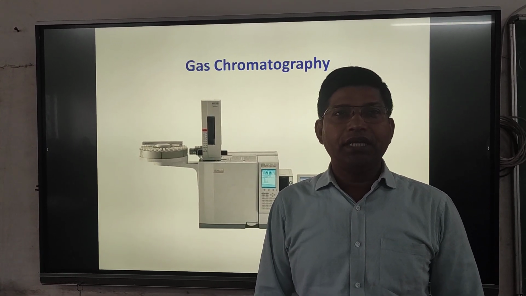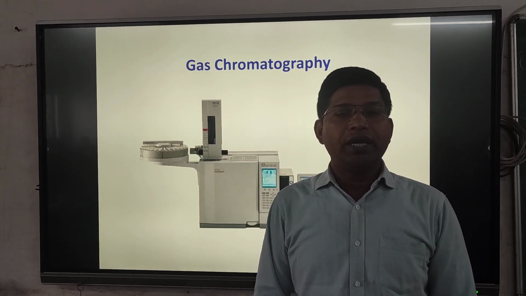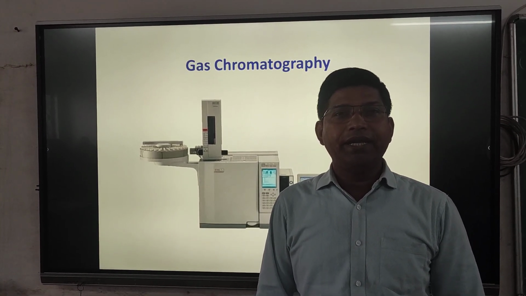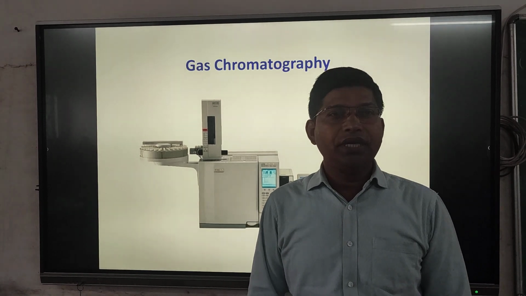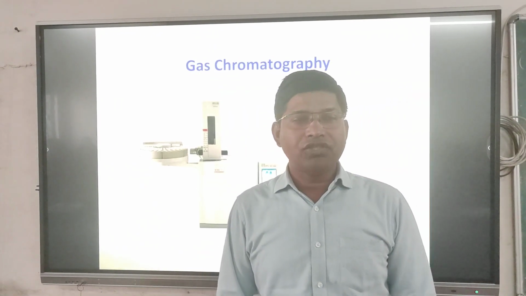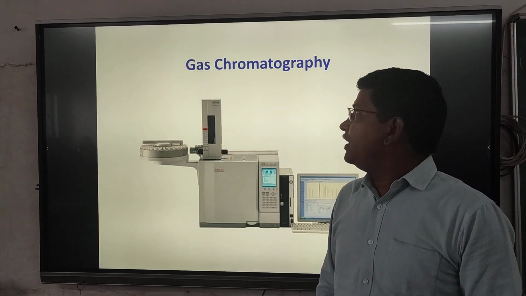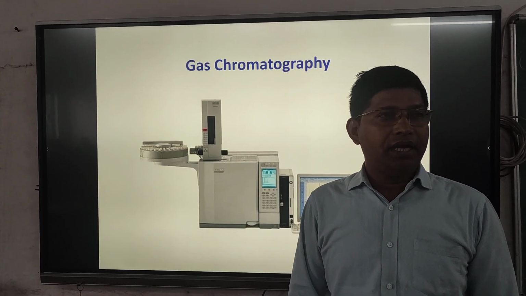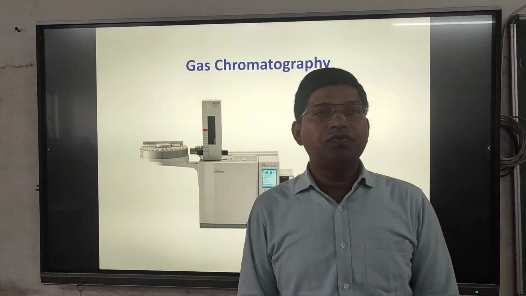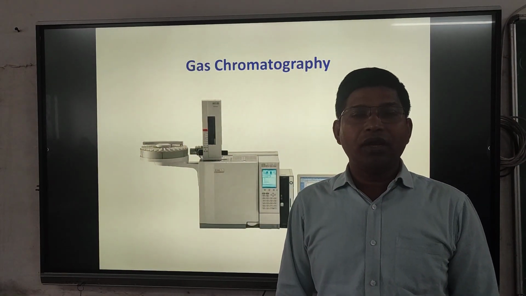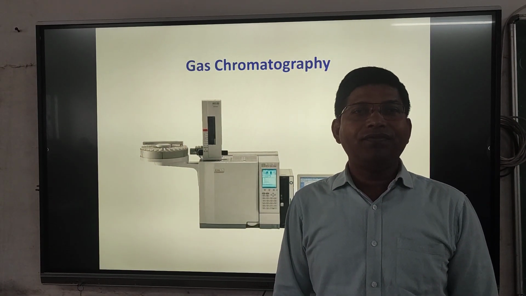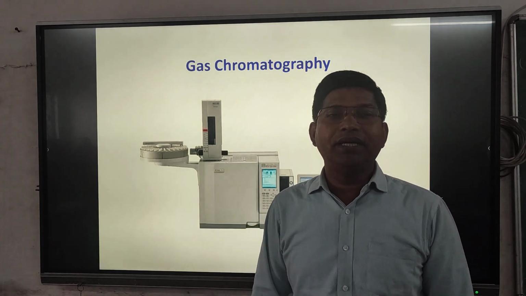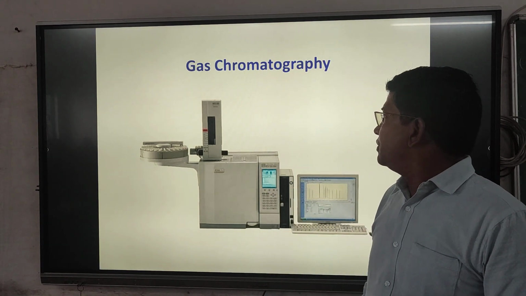A stationary phase may be solid or liquid, and a mobile phase may be liquid or gas. So in gas chromatography we use gas as the mobile phase, and the stationary phase will be solid or liquid, coated on an inert surface inside the column.